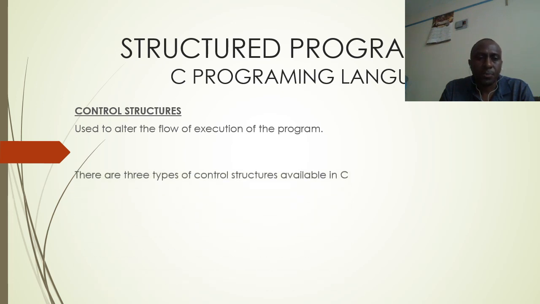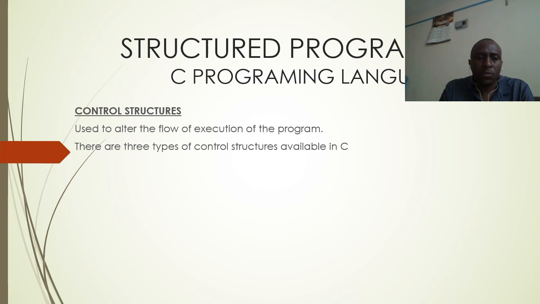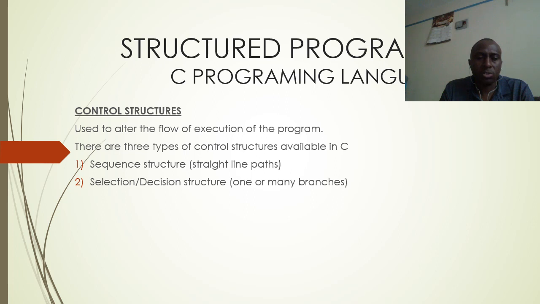For example, we have three types of control structures in C. One, the sequence structure, that is straight line paths, whereby all the statements are executed from the top to the bottom. The other one is the selection or decision structure, one that has one or many branches.